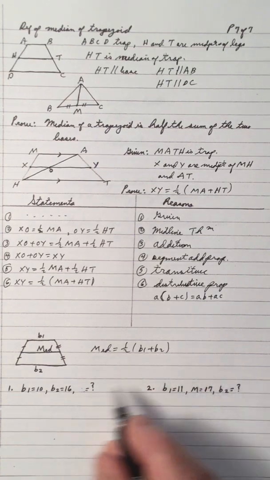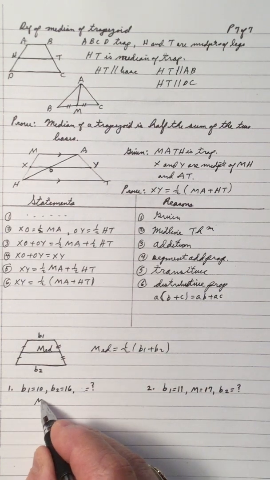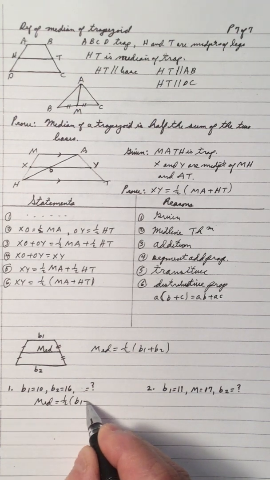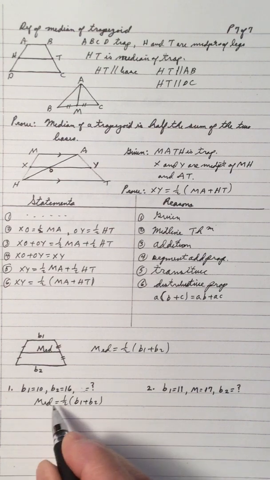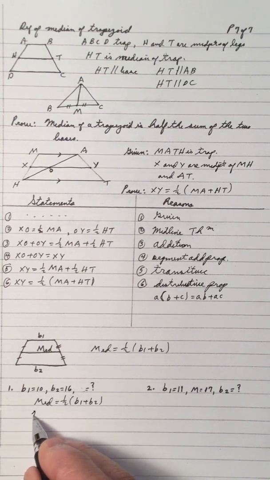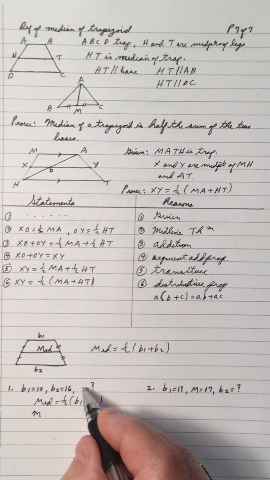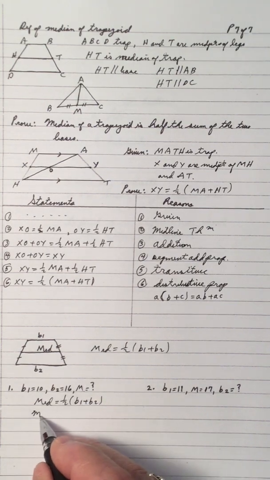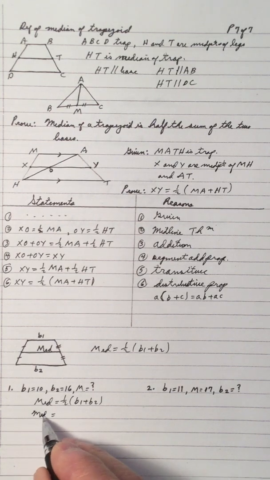Something like an area, but not quite. So the median is half the sum of the two bases. So we have the median. So we're trying to find, let's just say that's the M there. The median, MED for median.